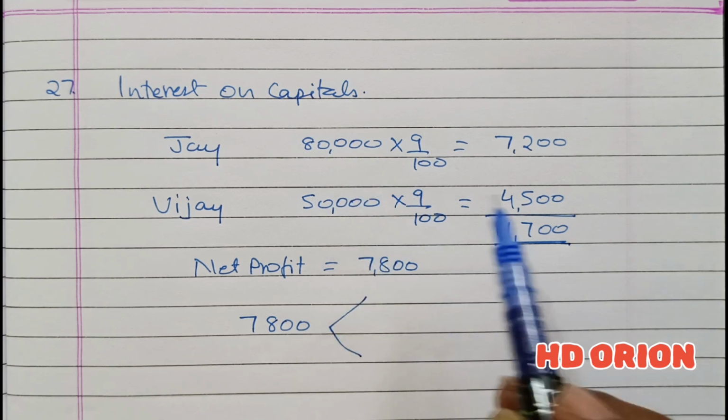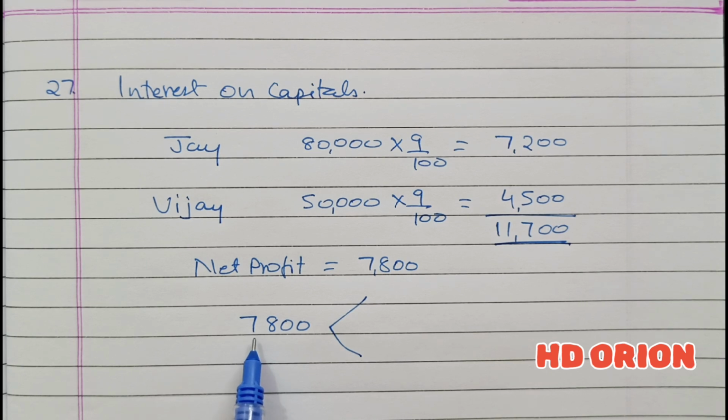And at the same time, if we distribute this 7,800 in their profit sharing ratio, in this question there is no profit sharing ratio given. Even if it is 3:2 or 5:3 or anything like that, even if we give it in profit sharing ratio, then also it is not justified. So what is the basis of this?